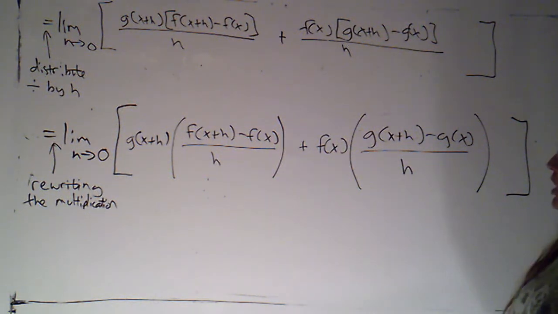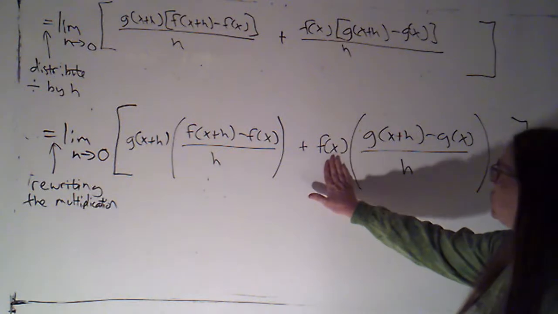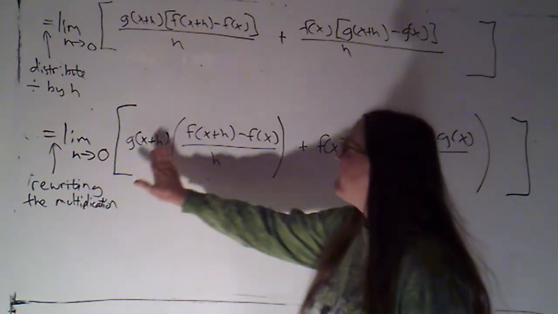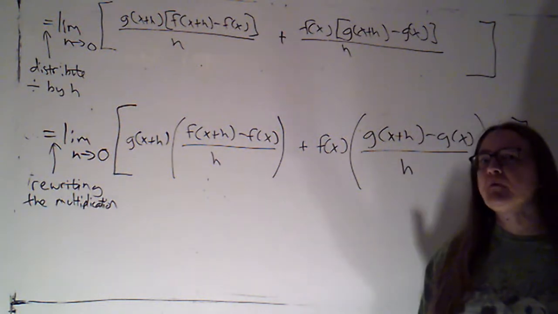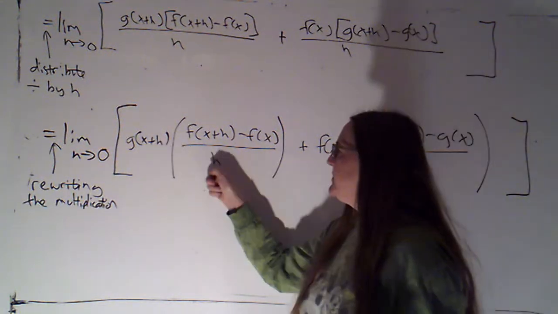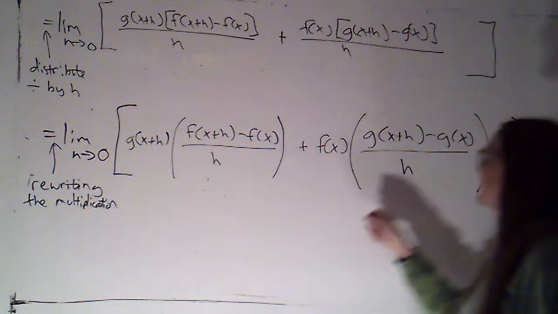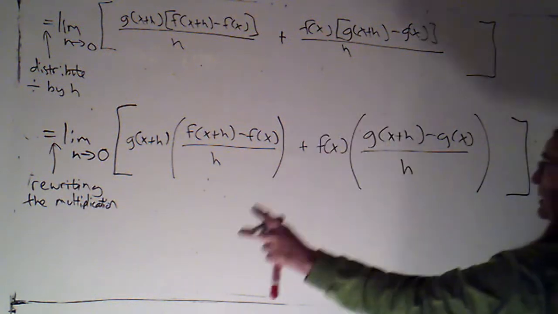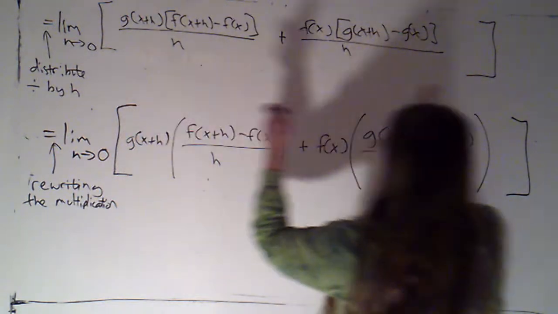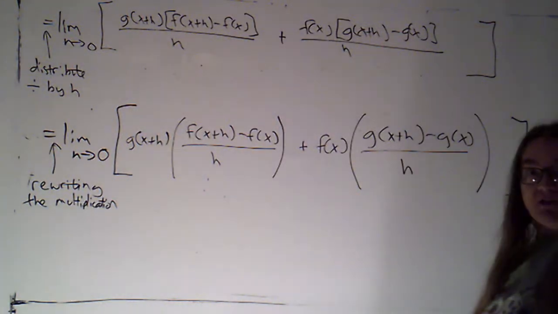Now you will notice I have 1, 2, 3, 4 pieces in here that are connected with arithmetic. These two pieces are connected by multiplication. These two pieces are connected by multiplication. And the two big pieces are connected by addition.